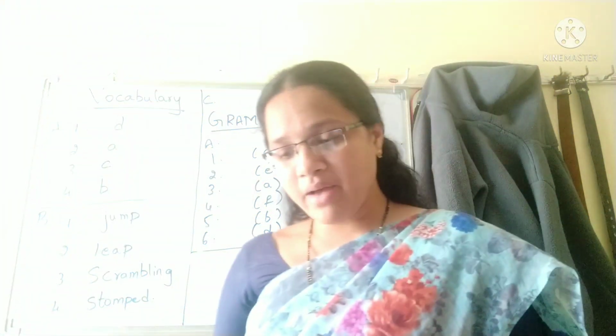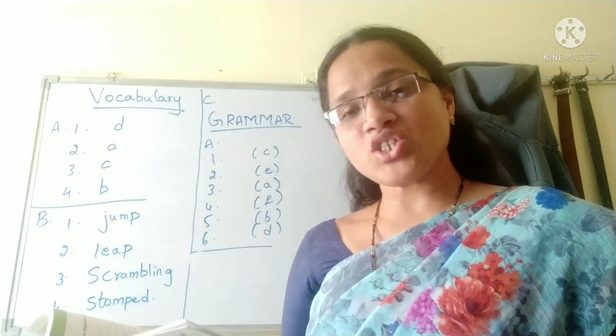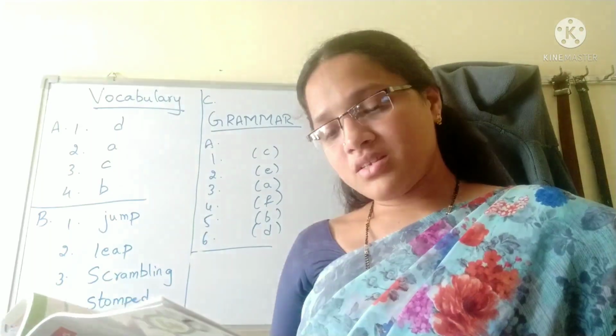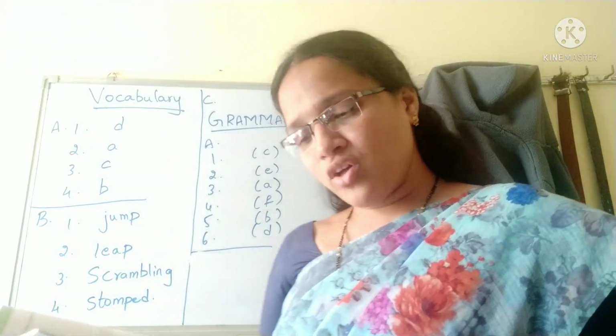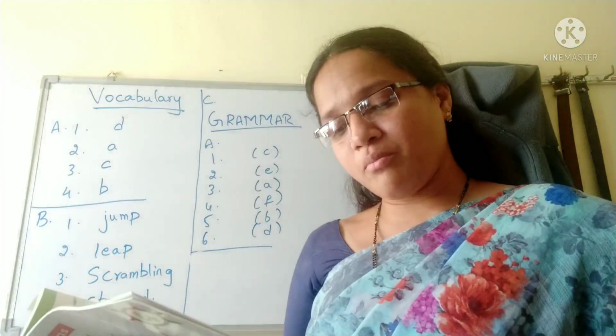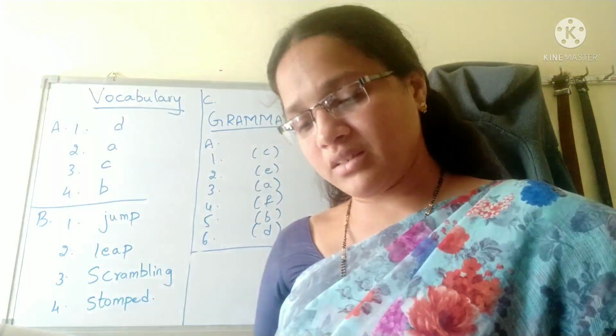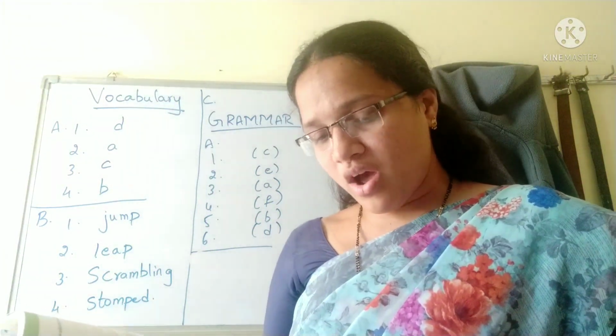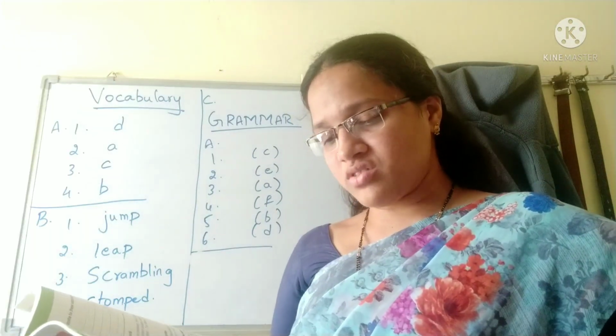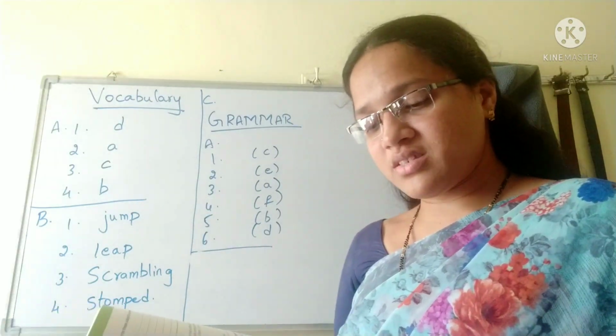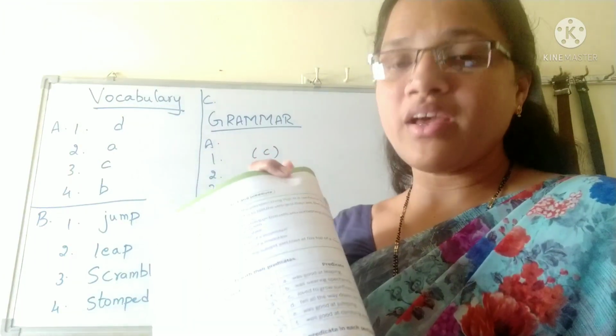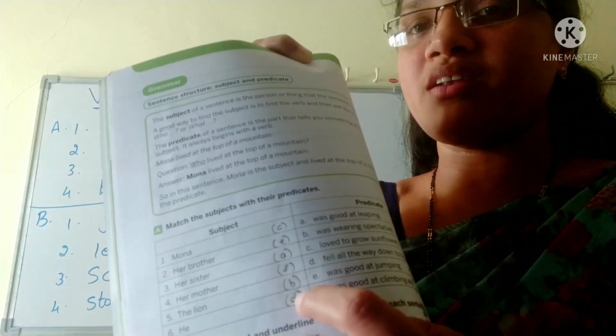Now see, in the matching part, in the first one, match the subjects with their predicates. See here. On one side under the subject you have Mona, her brother, her sister, her mother, the lion and he. So Mona loved to grow sunflowers. At the side of this matching part, children, you can write here.